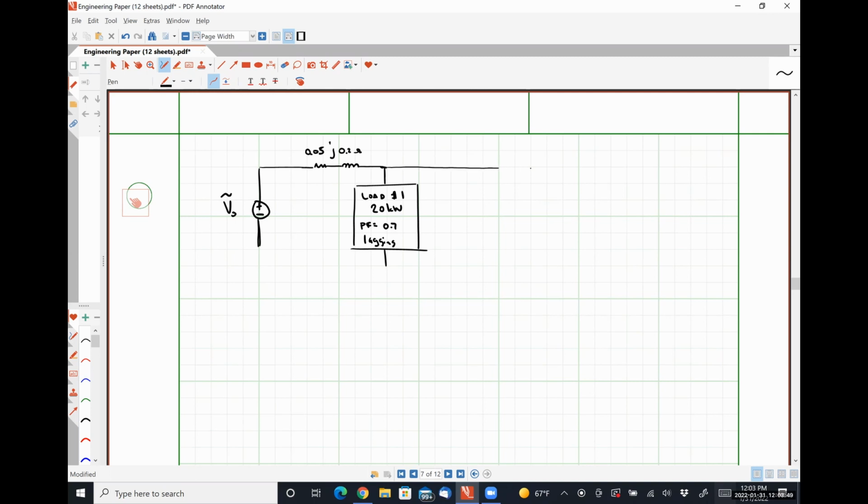And my second load absorbs 12 kilovolt amperes at a power factor of 0.9 leading.